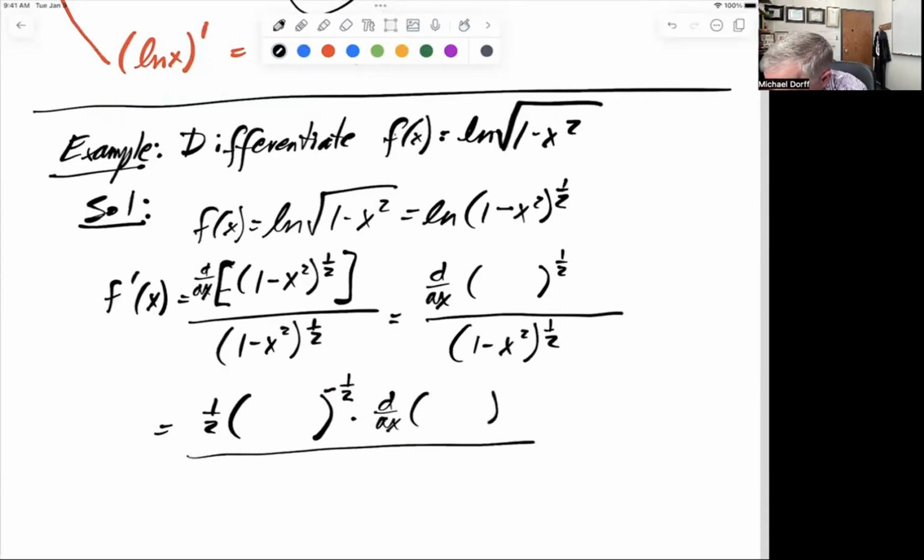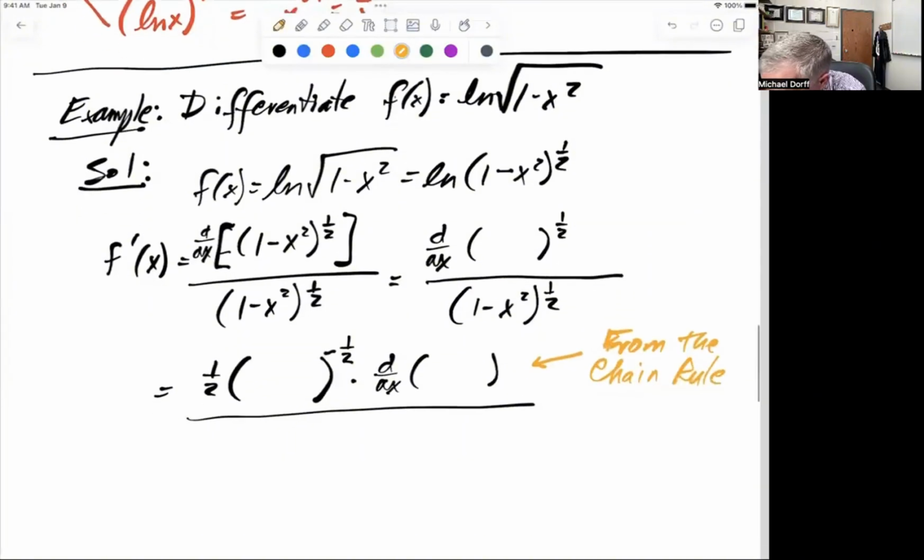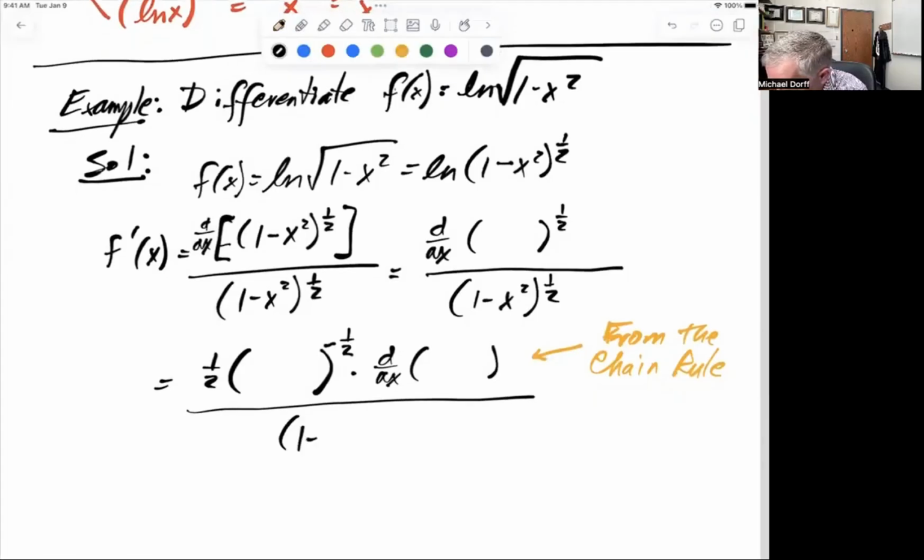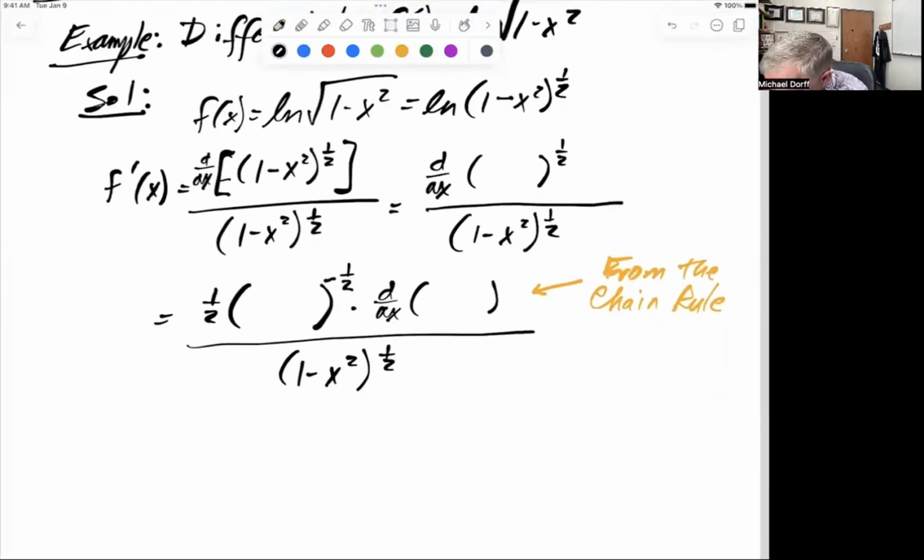That's the chain rule. So let me just highlight that. This is from the chain rule. So this is reviewing what we've talked about before, but that's good to review. And then I keep the denominator the same because I'm not taking any derivative there.